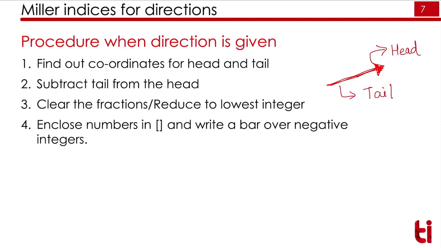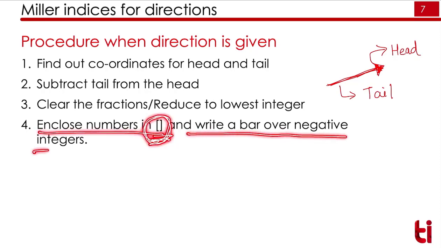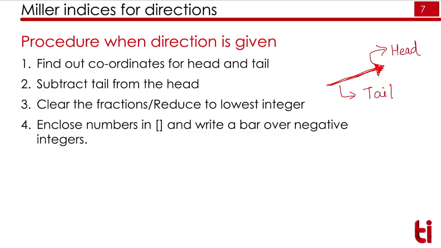So first find the position coordinates of head and tail. Then subtract tail from head. Further, reduce the fractions to the lowest integers because Miller indices are never fractions, and then enclose in a square bracket. This bracket is the symbol for representing a direction. Write a bar over negative integers. Remember that Miller indices should always be integers.